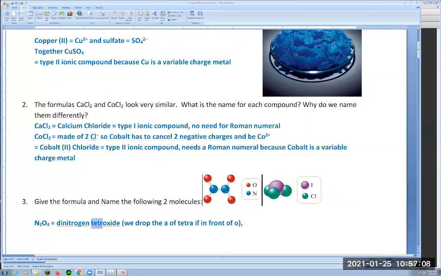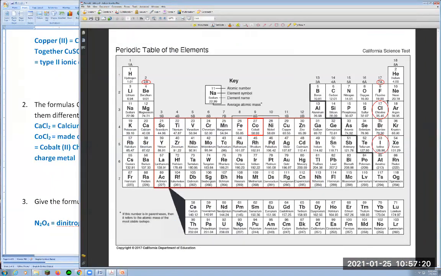Now you also need to decide, do I name the iodine first or the chlorine first? To decide that, you need to look at which one is the more metallic of the two. And here they are both in the same group. So is chlorine more metallic than iodine?